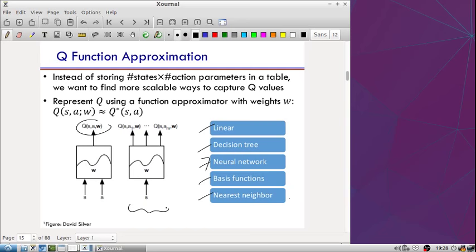If we are using linear, do we not have weights? No, linear will have weights. Linear just means Q of s comma a is equal to W transpose times some vector of s comma a.